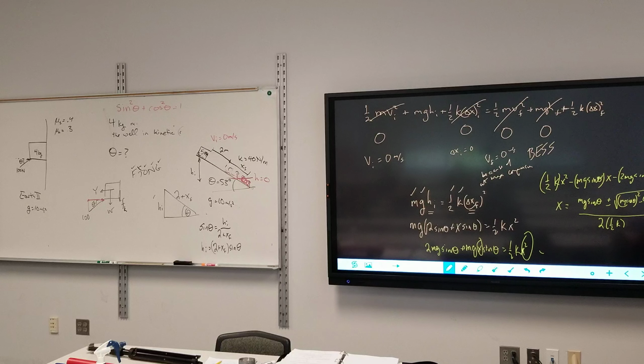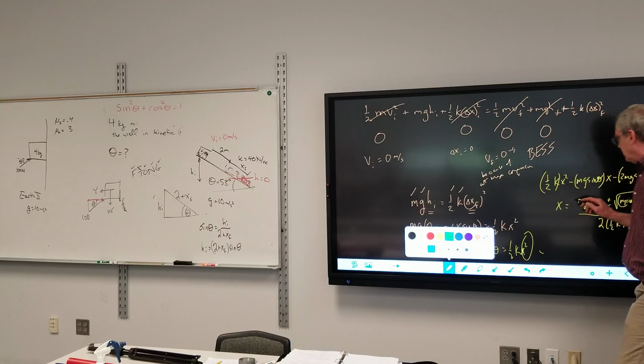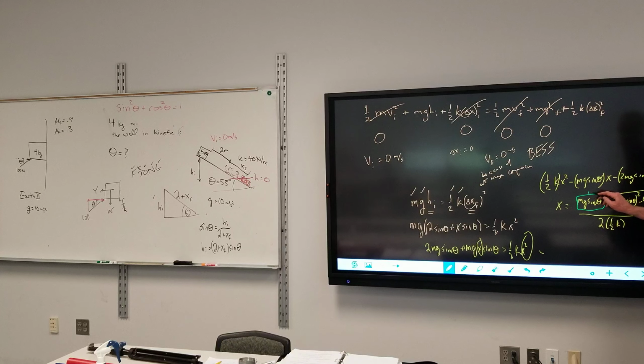I think it might be time to plug numbers in. I chose 53 degrees. Again, that's a 3, 4, 5 triangle. The sine of 53 degrees is about 0.8. So this is 50 times 0.8, so this should be about 40. So this would be 40 squared minus... k was, oh wait, no, not 40.